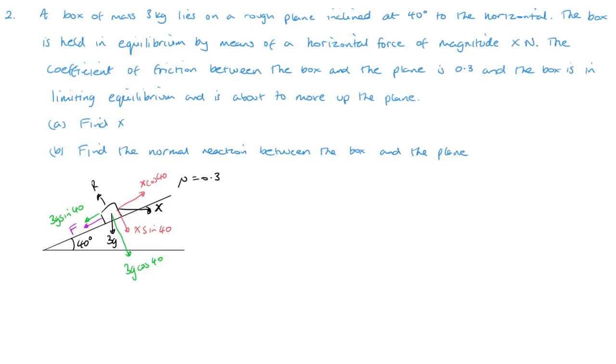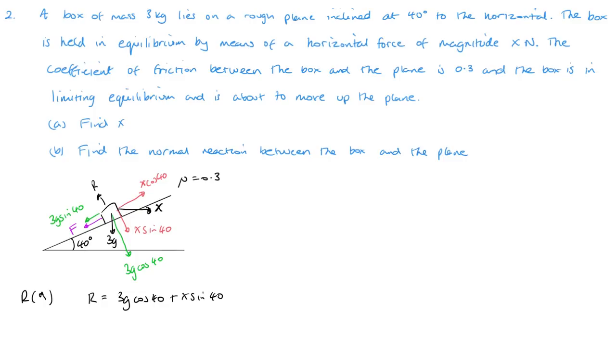So now I've got all my forces in play. I can go ahead and work out what X is. So let's resolve perpendicular to the slope, and that would mean that R is equal to 3G cos 40 plus X sine 40.